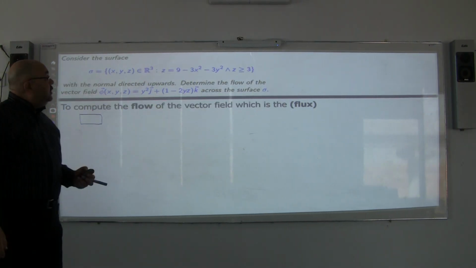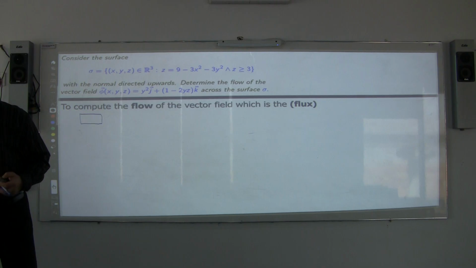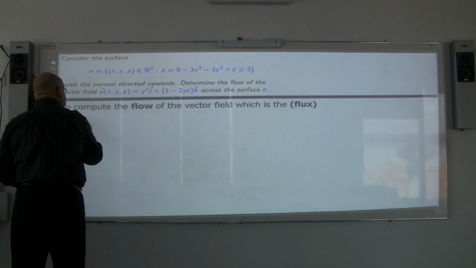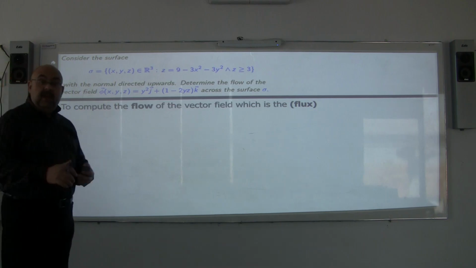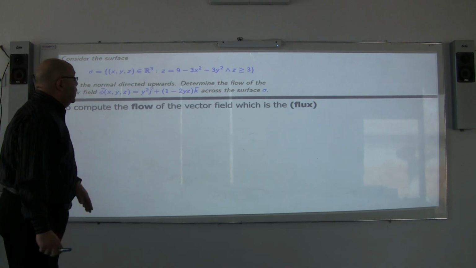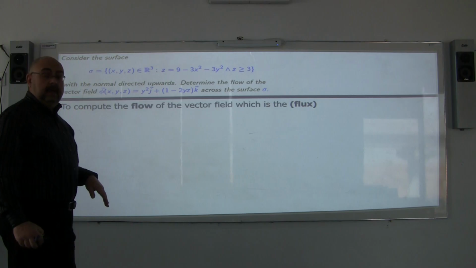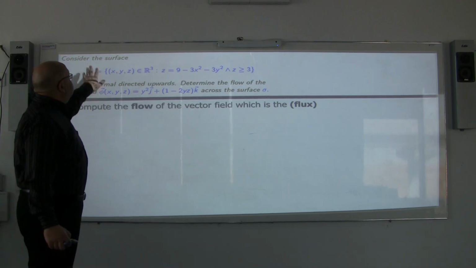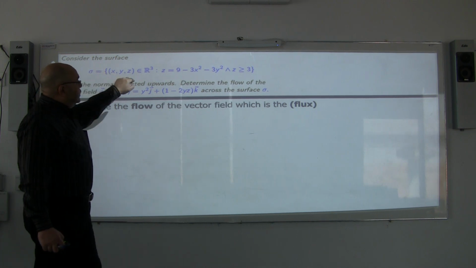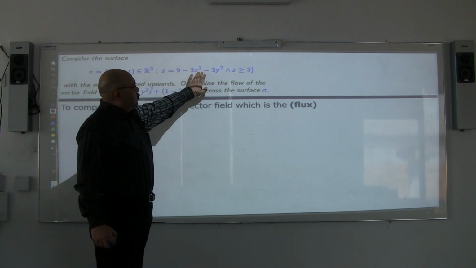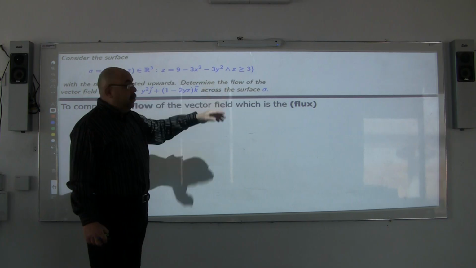Okay, let's take this example, which will show you how to go through the details of evaluating the flux through a certain surface. So consider the surface sigma, given by z equals 9 minus 3x squared minus y squared, and z greater than or equal to 3.